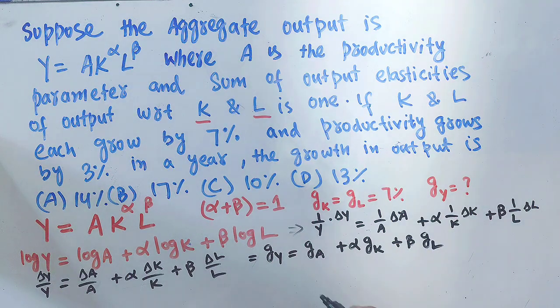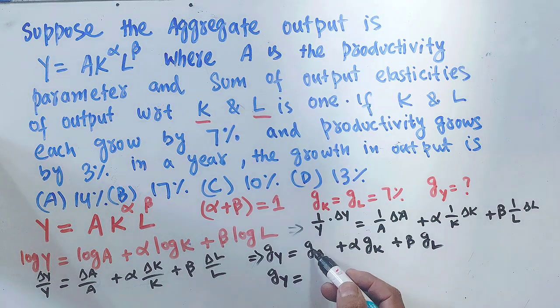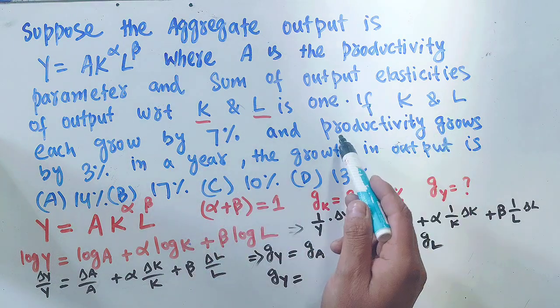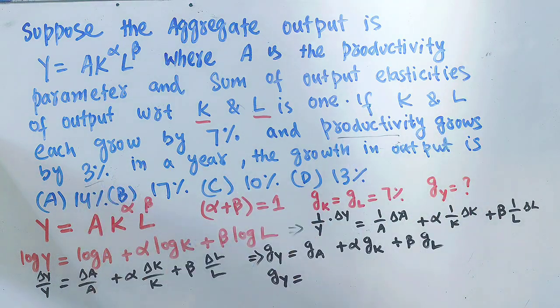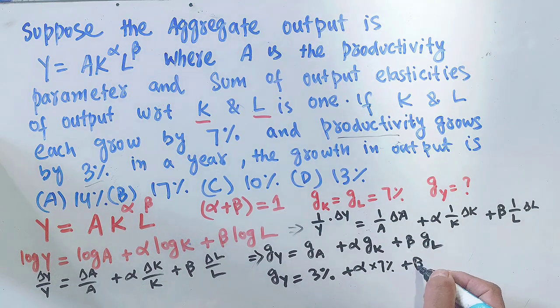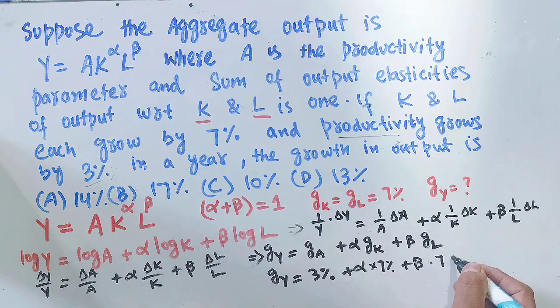Now, the growth rate of output is what we are supposed to find. The growth rate of the state of technology or productivity is given as 3%, so we can write here 3% plus alpha times the growth rate of capital, which is 7%, plus beta times the growth rate of labor, which is 7%.